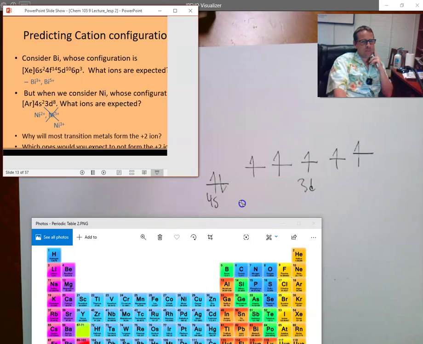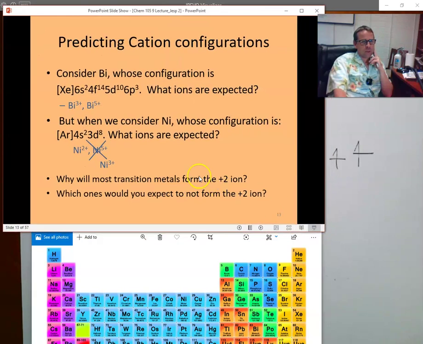All right. And that's how it is for these transition metals. Usually we don't find ourselves in a situation where we can make a perfect prediction. Usually we look at the ions and then find an explanation based on the electron configuration for why those ions exist.